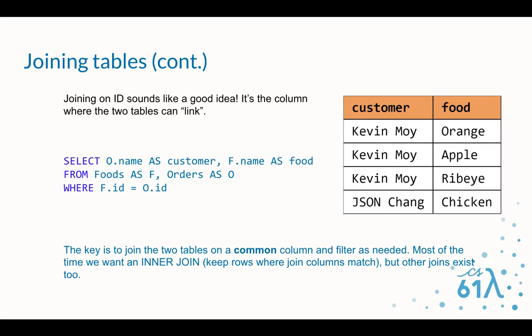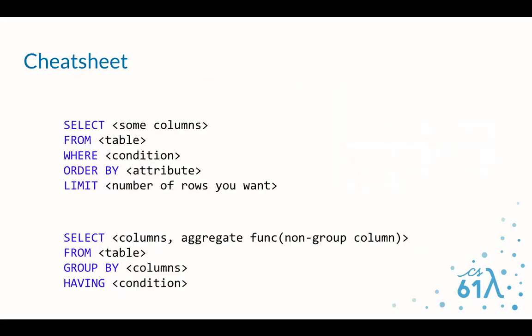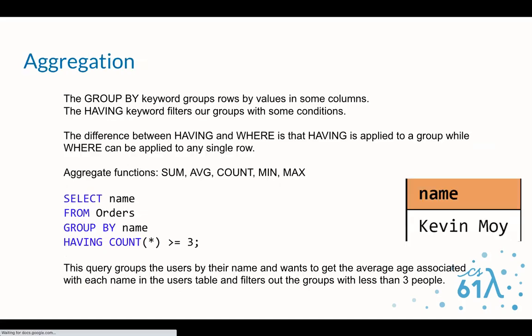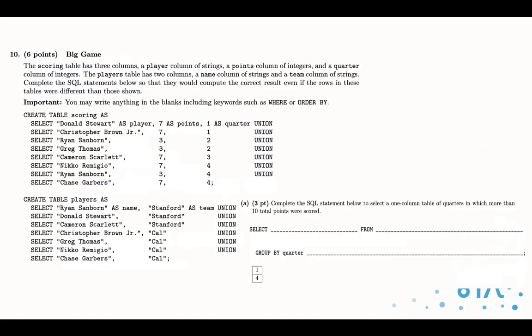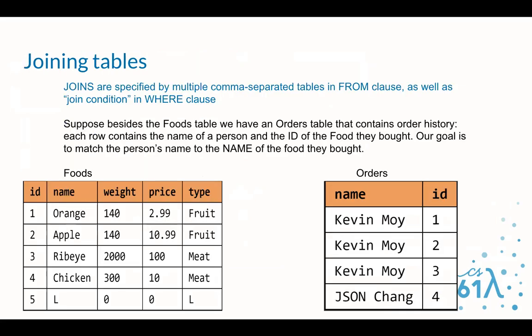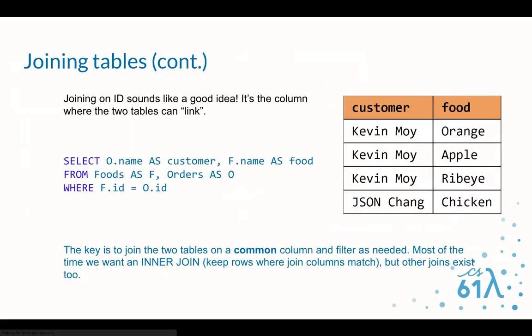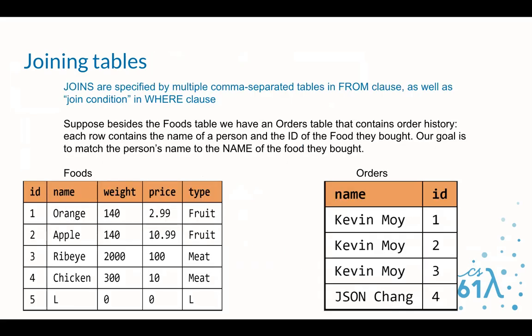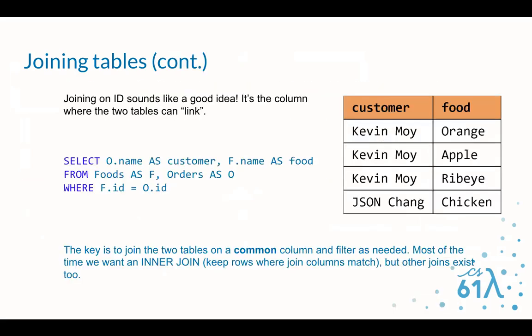Since orders is O, that's orders.name. So we're taking the name column from the orders table, and we're taking the name column from the foods table, and we're merging them into a table.